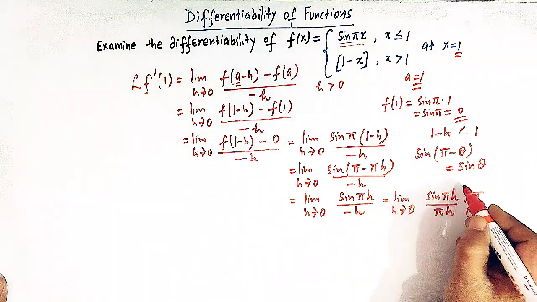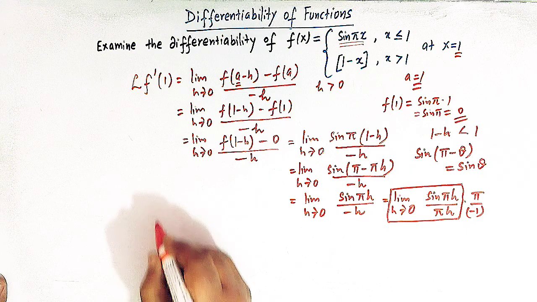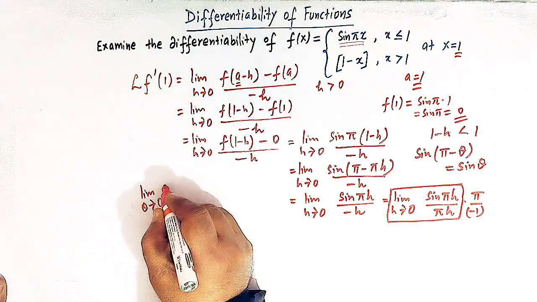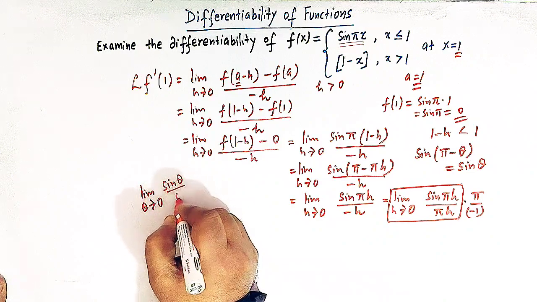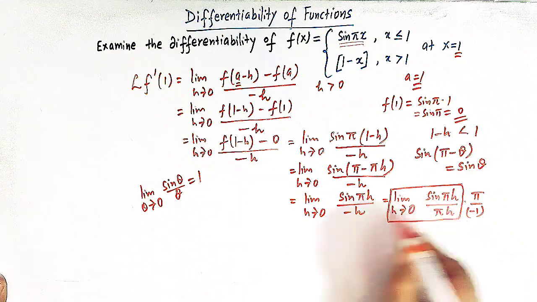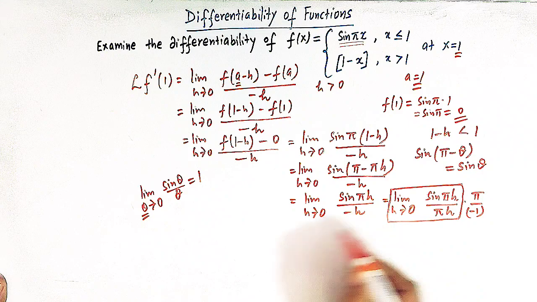So now see, this limit is equal to 1, because we know that limit theta tends to 0 of sine theta over theta is equal to 1, and here we have theta equal to pi h, and here we have h tends to 0.